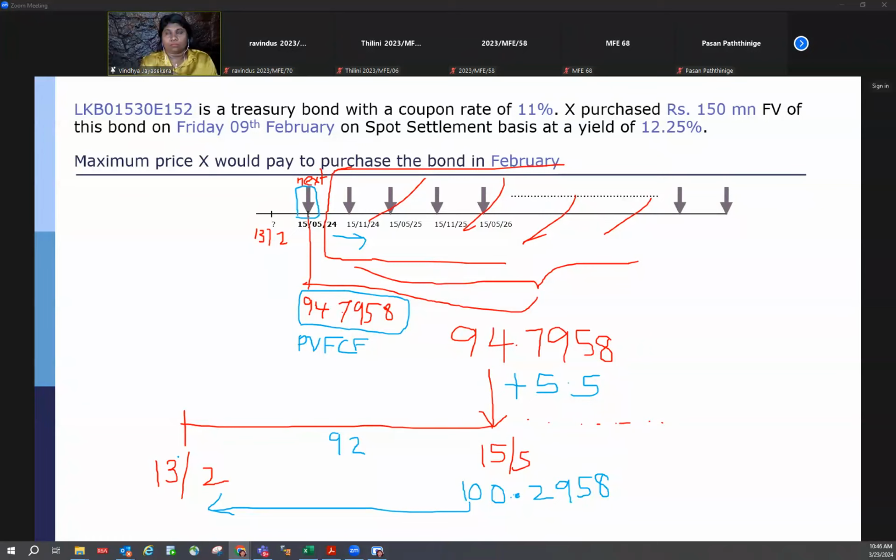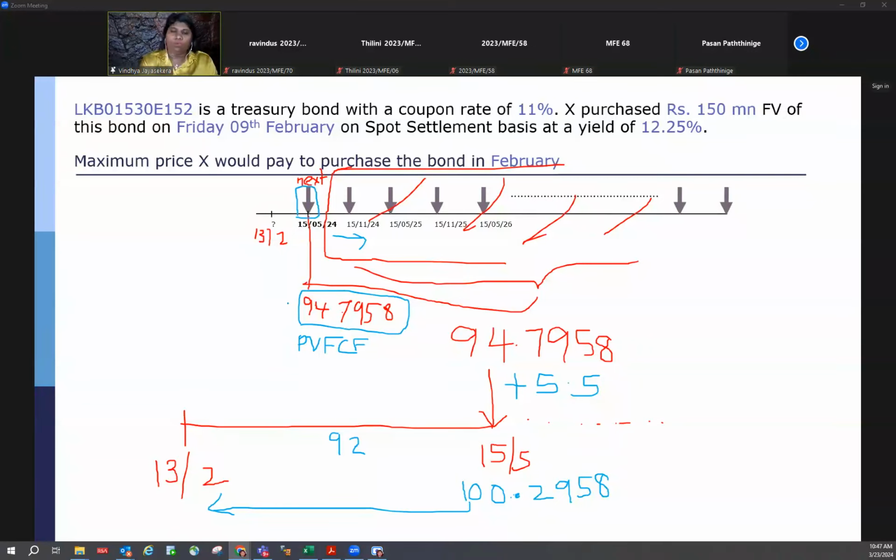I got the present value of the future cash flows and added the accrued interest up to that, because then this 5.5 will anyway be included in those cash flows. No? So that's how I mean it. I was not sure how to make the adjustment there, so I went to the 15th of November one and added the accrued interest up.